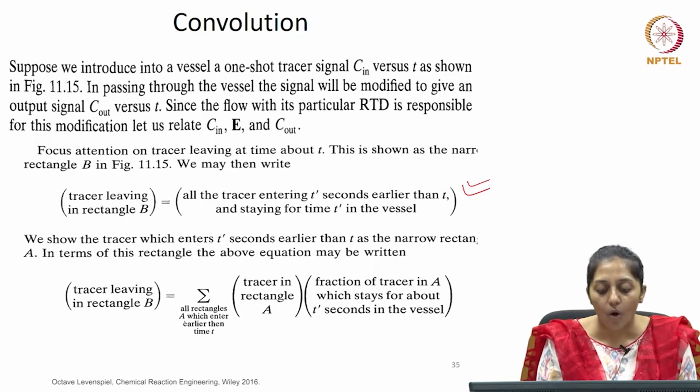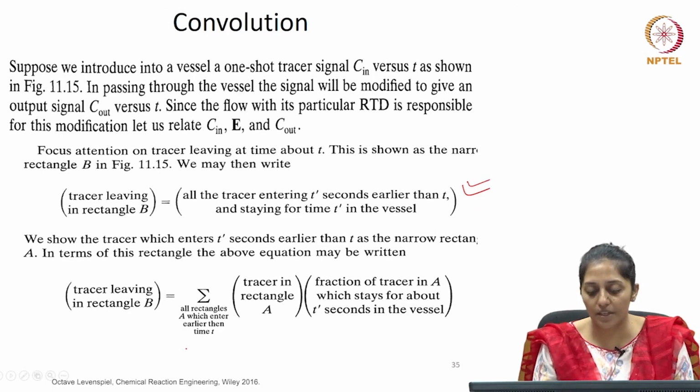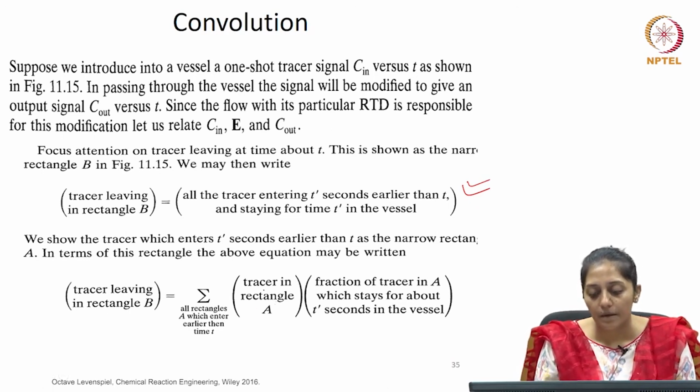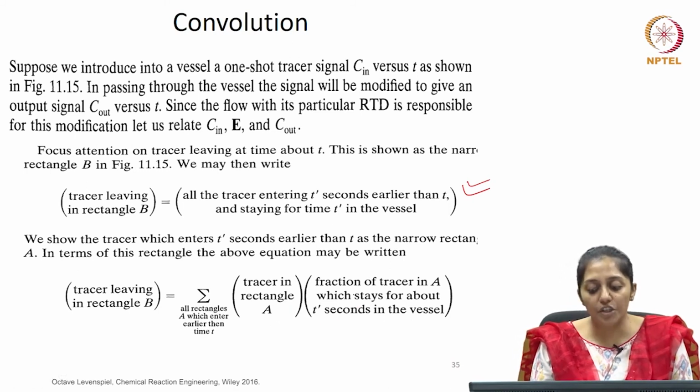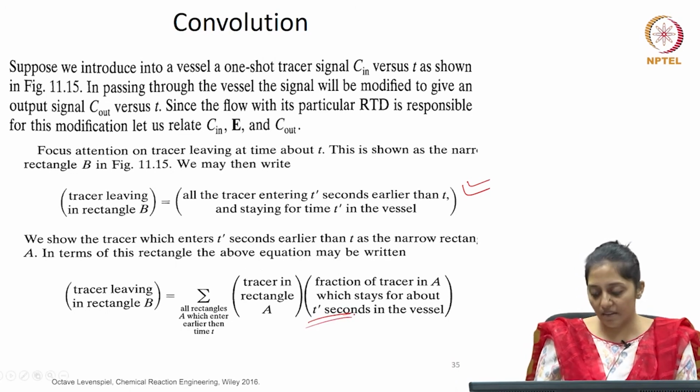Now in terms of all the rectangle A's which enter earlier than time t, the summation of all such rectangles having the tracer in all these rectangles multiplied by the fraction of the tracer in each of these rectangles which stays for about t prime seconds in the vessel.